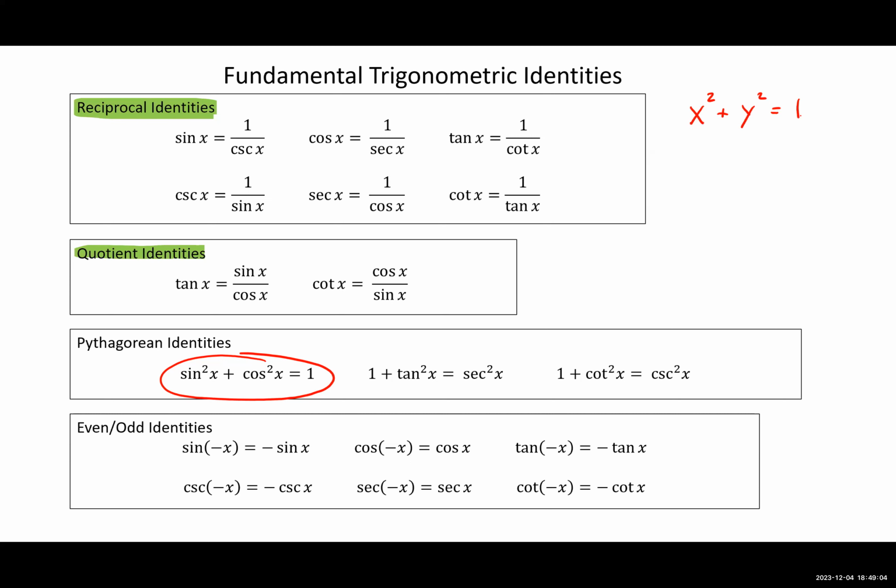So there's the definition of our circle. And then we take the definition of the sine function, the definition of the cosine function. Sine is y, cosine is x. So replace the x with cosine, replace the y with sine. And you get sine squared plus cosine squared is equal to 1. All right, so again, it's really a direct one step away from a definition.